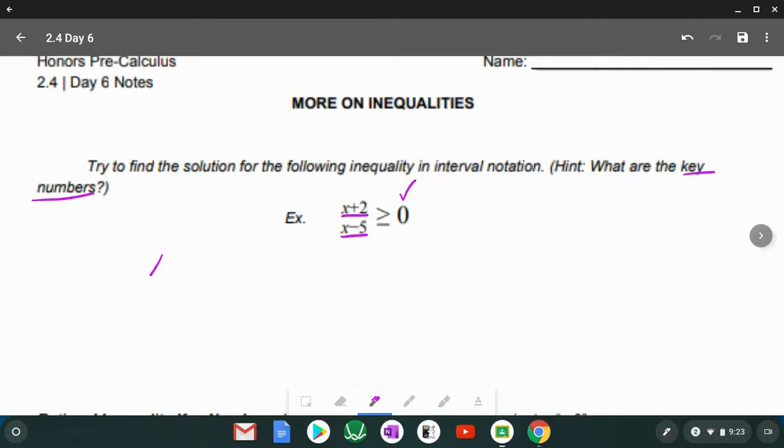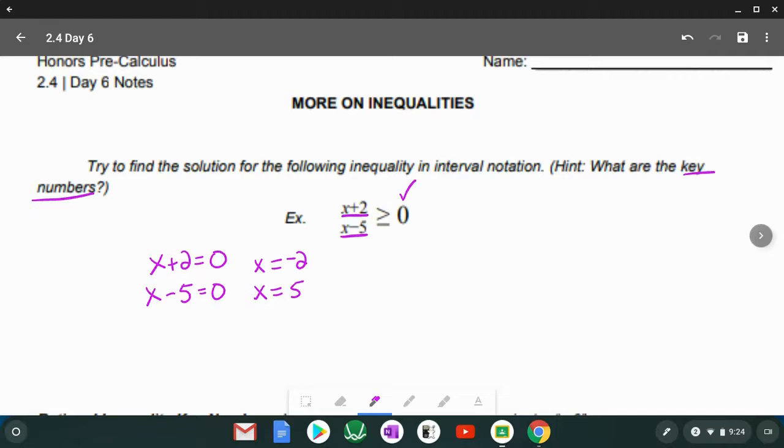So I'm just going to go ahead and guess that I can find my two key numbers by using these two factors. So I have x plus 2 and I have x minus 5 equals 0.